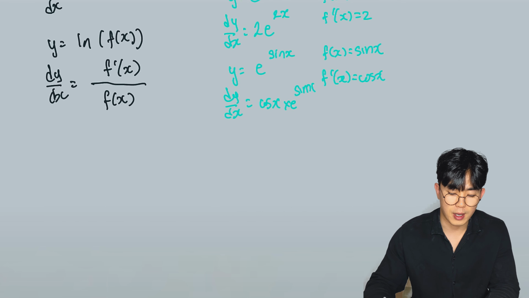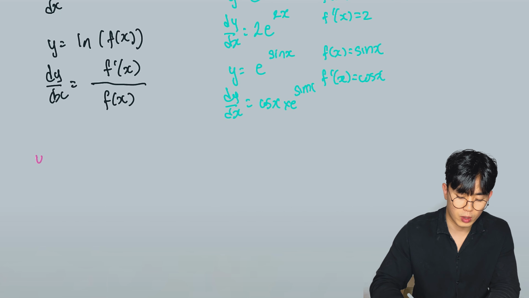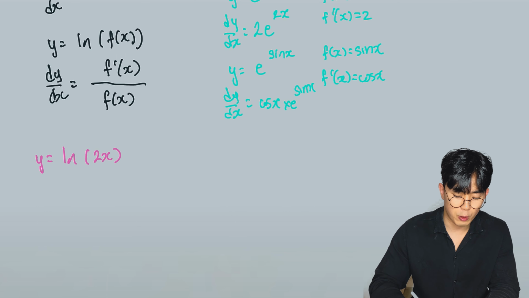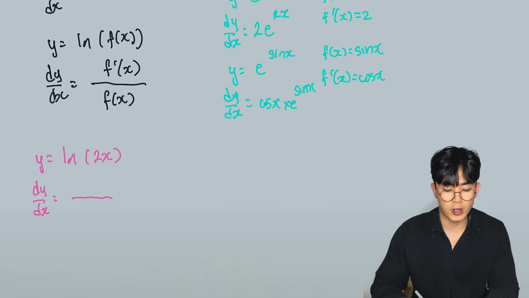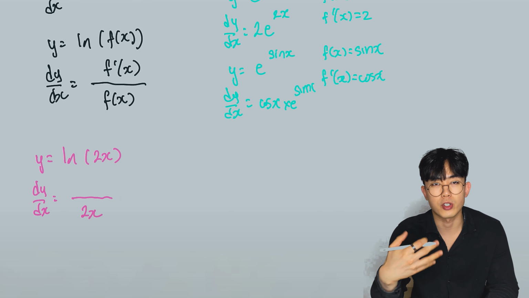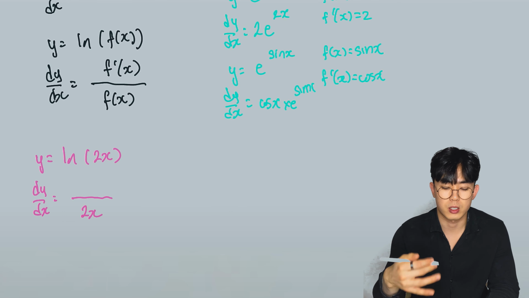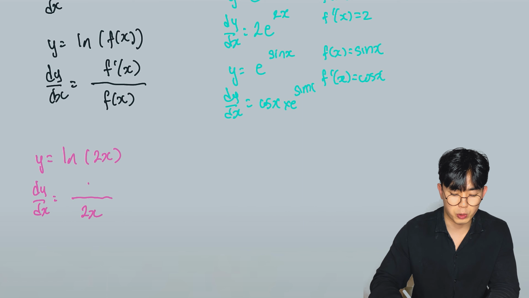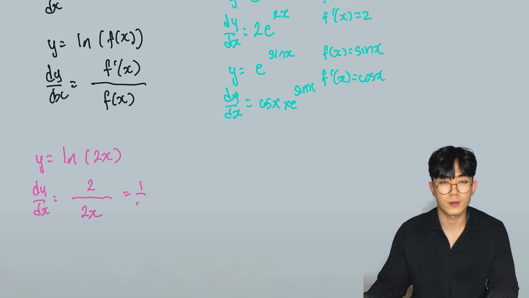So let's say we have y is equal to ln 2x. So dy by dx, remember, is automatically a fraction, right? So the function, in our case 2x, goes to the denominator, and the derivative of that function becomes the numerator. Differentiating 2x gives just 2. So it's 2 over 2x, which means it's just 1 over x, like this.